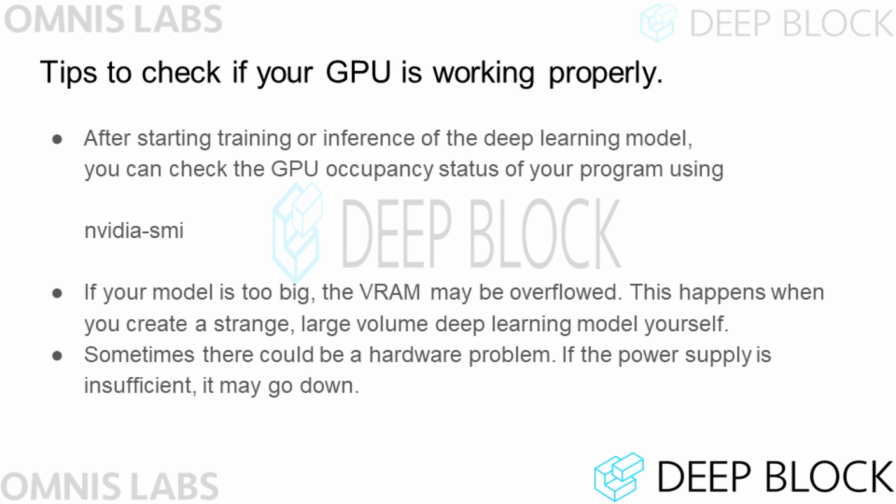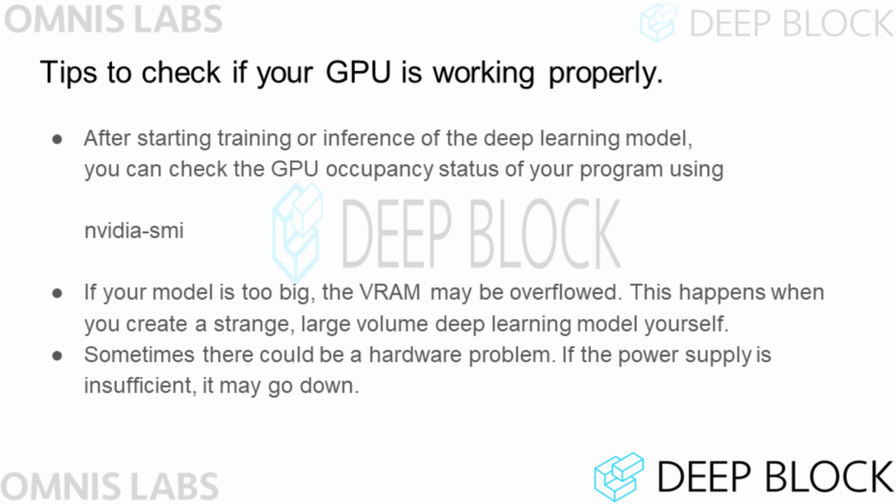If you type nvidia-smi in the terminal, the GPU state at the moment is printed to the console. This allows the user to check the GPU resource usage status at the moment nvidia-smi runs. The user can check if the deep learning model is loaded on the GPU device through the usage of VRAM.